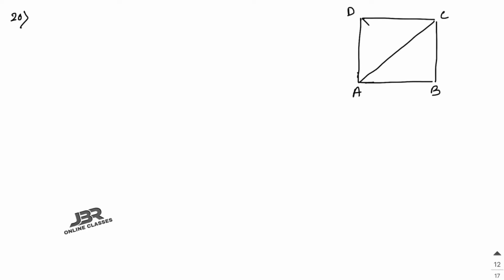Next, sum number 20. ABCD is a square and the diagonals intersect at the point O. If P is a point on AB such that AO is equal to AP, so this portion AO is equal to this one AP, then prove that 3 into angle POB is equal to angle AOP.